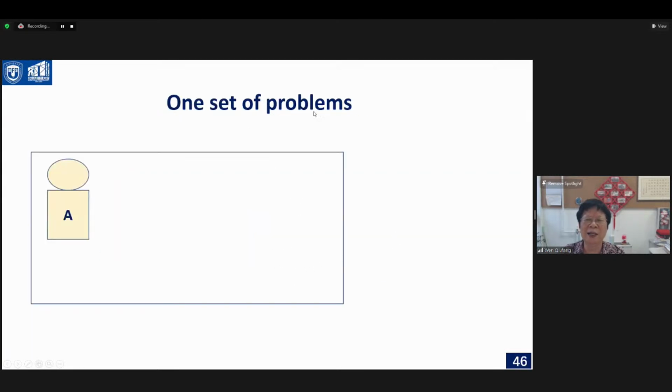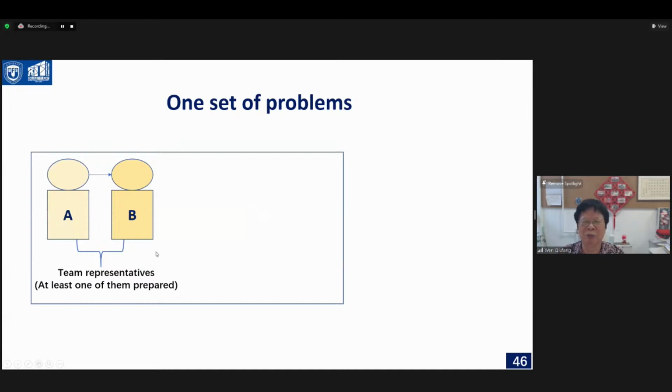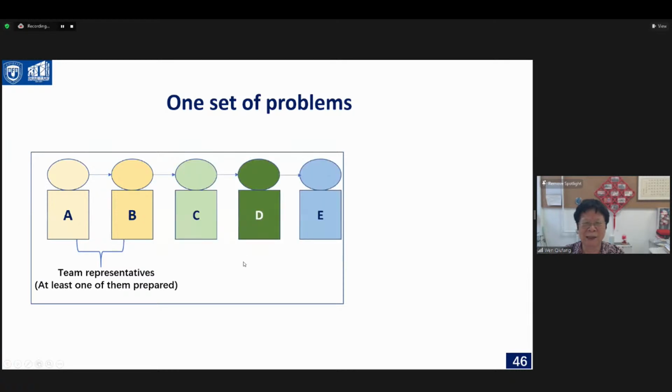And for one set of problems, how do we carry it out in a real formal gathering? This is not a lecture. The first team representatives, at least one of them, will prepare the presentation. So we get A and B, and then we also get C, D, E. Facilitators will add their answers or solutions to the previous presenters' answers.